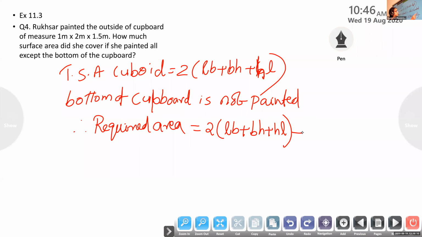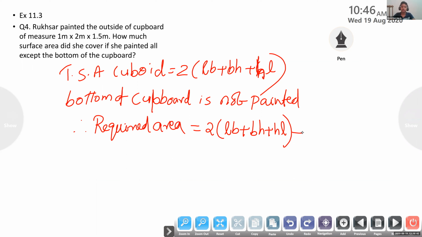From the total area, we need to subtract the area of the base. What will be the area of the base? Ma'am, base means down. Base, down. That portion we are not painting.